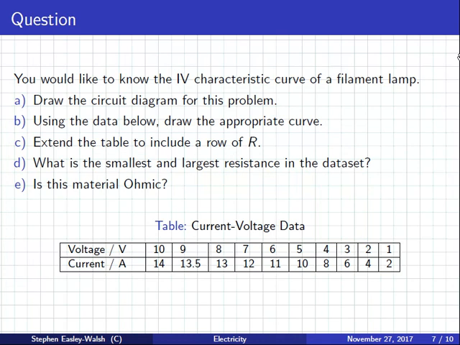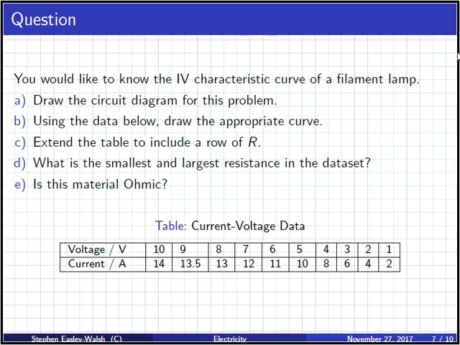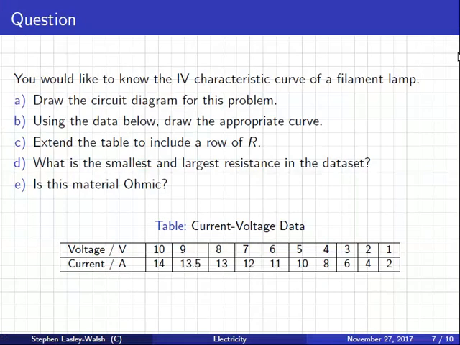Right. In this question, it's the last example. We want to make this graph here. Yeah, if you can just write the table down, and we'll make the graph together.